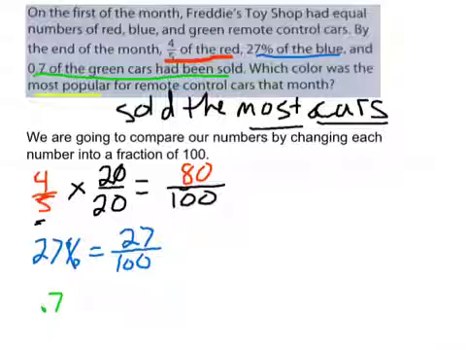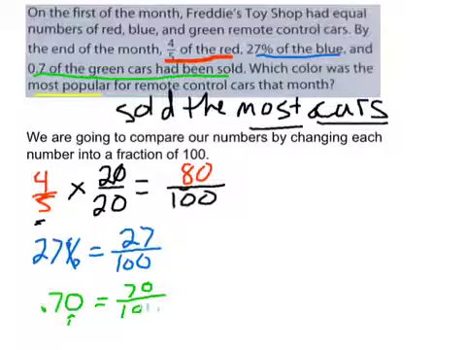Our last number is 0.7, or 7/10. I can add a 0 there, and now I have 0.70, or 70 hundredths. Now that I have my hundredths place, I can say 70 hundredths can be written as 70 over 100.